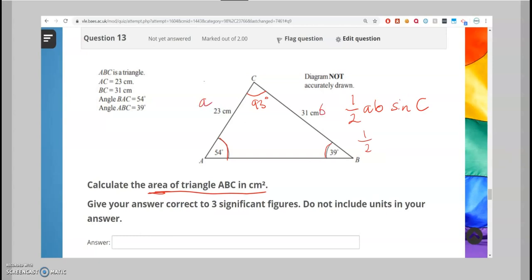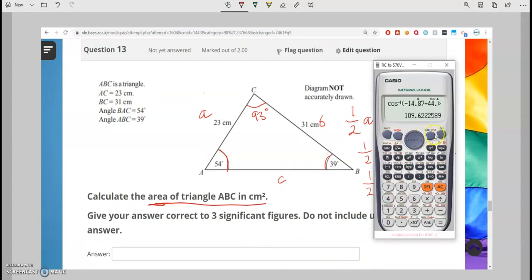A, B over here, and this is C. So half of 23 times 31 times the sine of C. So half of 713 times sine C. We can use a calculator to get that.